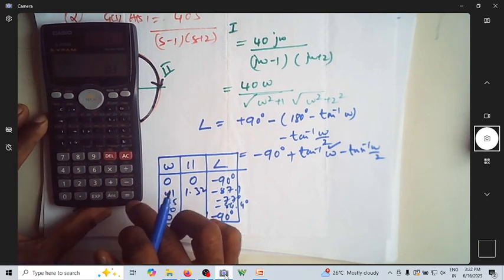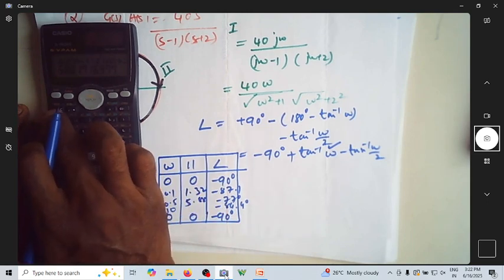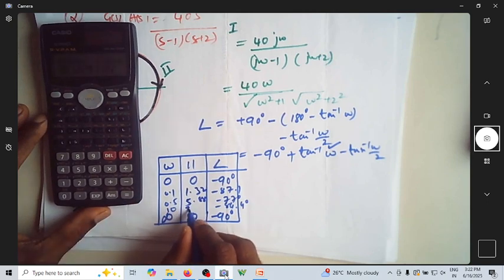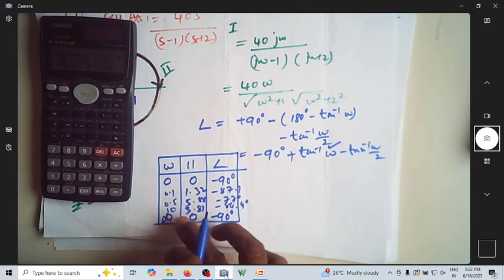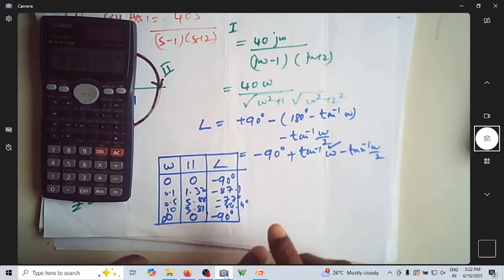For 0.5, it is 5.88. For 10, it is 3.81. You can see it keeps reducing. It actually increases slightly and then comes down to 0.